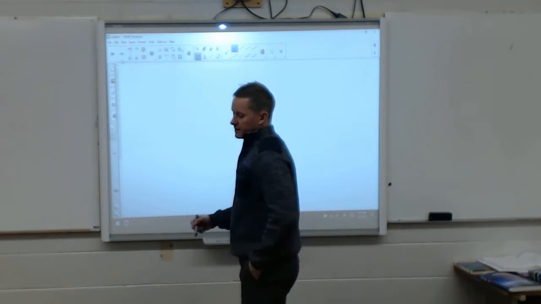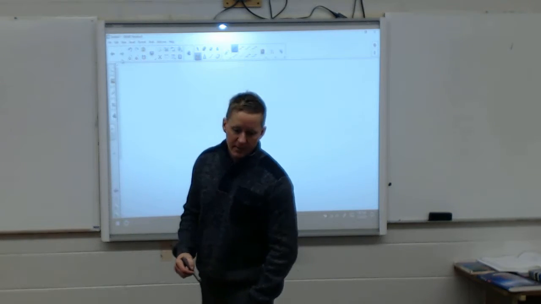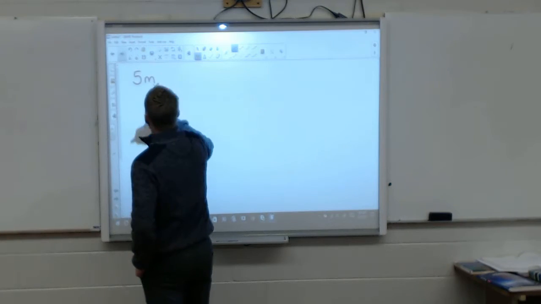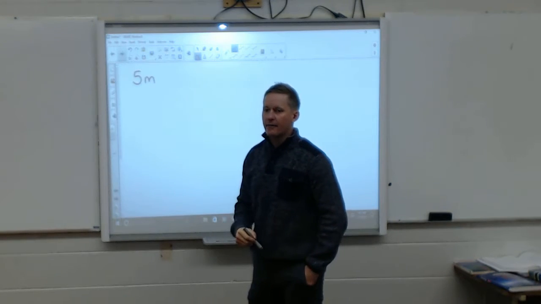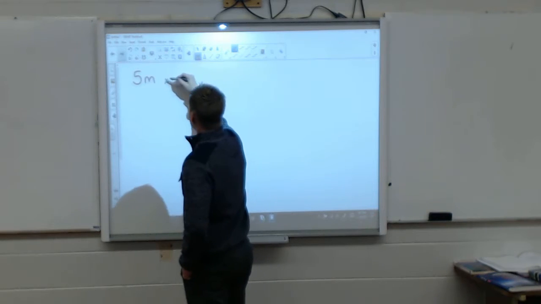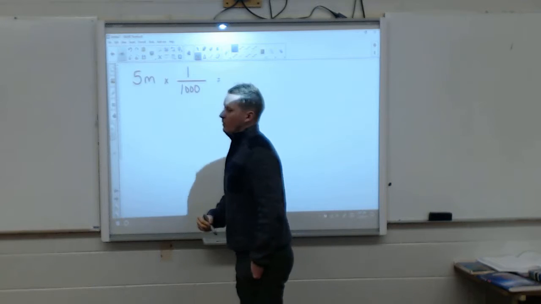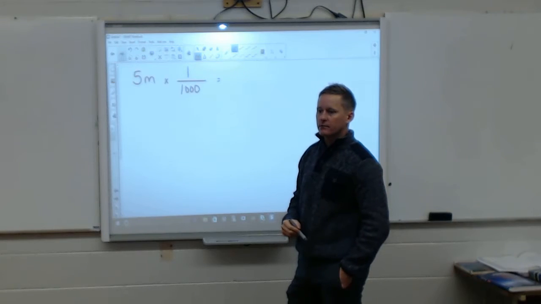Well, let's take a look at this. The first measurement I see is 5 meters across the top. And I'm going to use the ratio that I have been given, which is 1/1000, right? So what do I do with that 5?